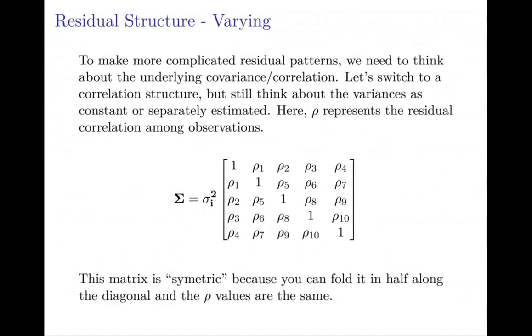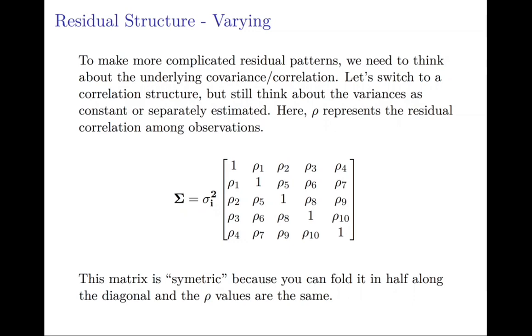So to make more complicated residual patterns, we need to think about the underlying covariance or correlation. So let's switch for a second to thinking about correlation structure. But remember, we're still going to think about variances as either being estimated constantly or separately. So we're going to move our variance, sigma squared, outside of the matrix, and so we now have sigma squared I on the outside of our matrix.